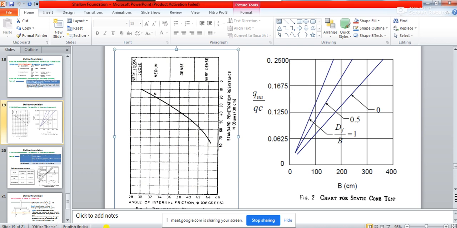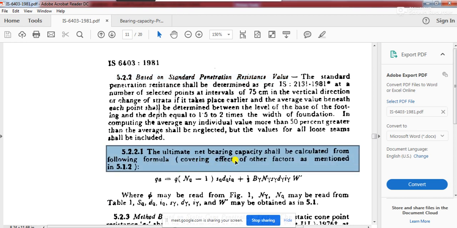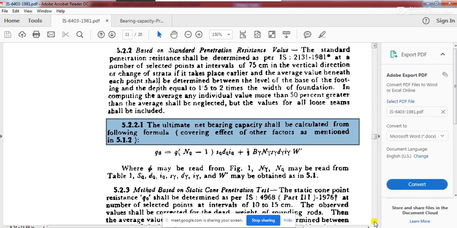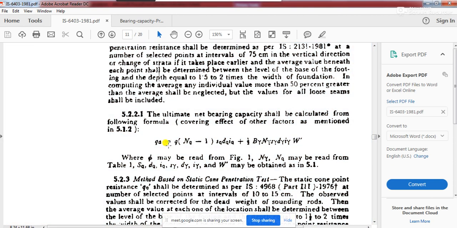Next, the ultimate net bearing capacity shall be calculated from the following formula. This is exactly the same as what we have discussed, but the cNc term has been removed.